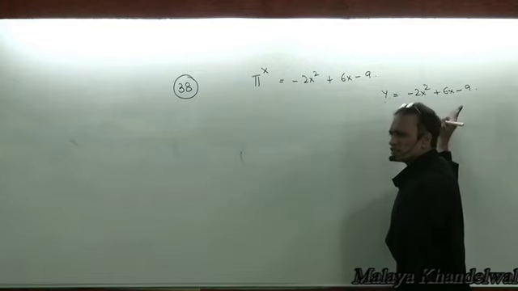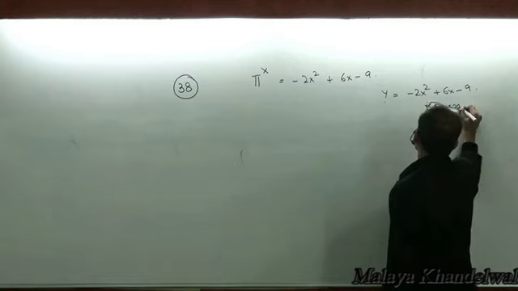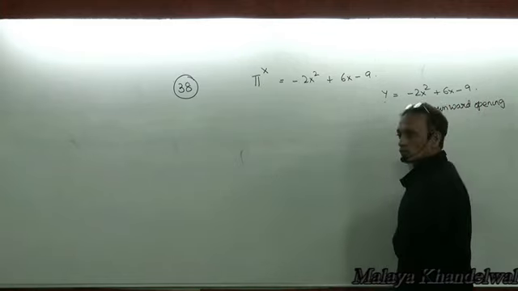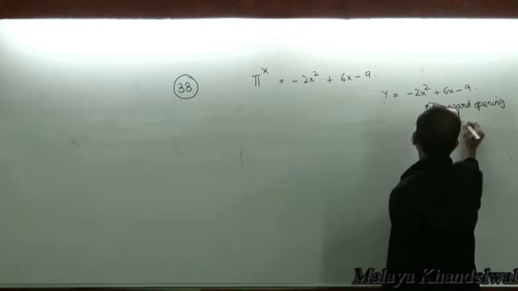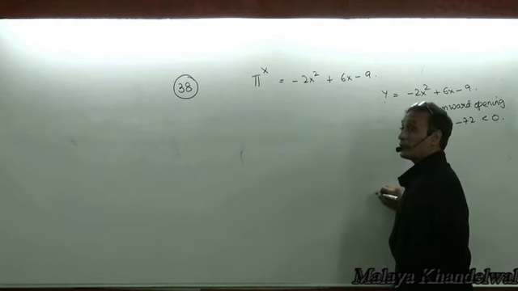If you draw the graph of this, a is negative, so it's going to be a downward opening parabola, yes or no? Right? What's the discriminant of this? 36 minus 72, which is less than 0.